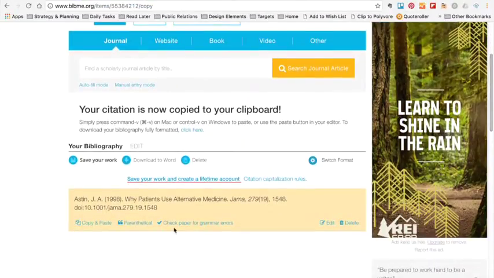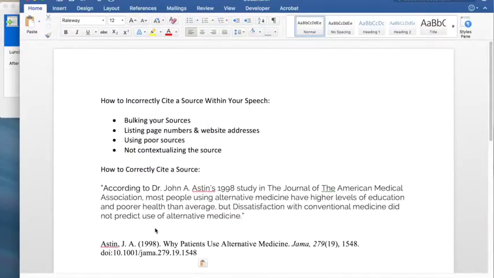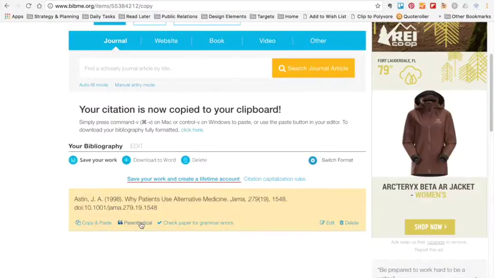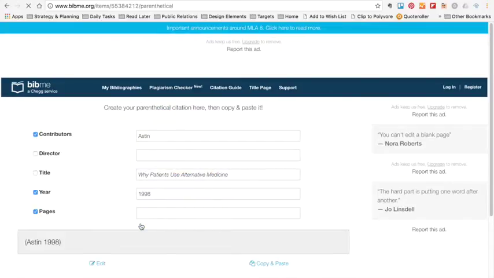Now, if I'm writing a paper or during my outline, if I use this particular piece right here in my outline, I'm going to need to cite it behind that actual piece so that whoever is reading can see where that information came from, and then scroll down to my references page, match them, and find where all the information came from. So that's called a parenthetical citation. So I choose parenthetical.